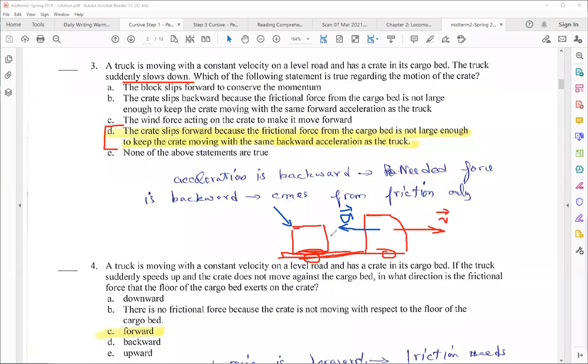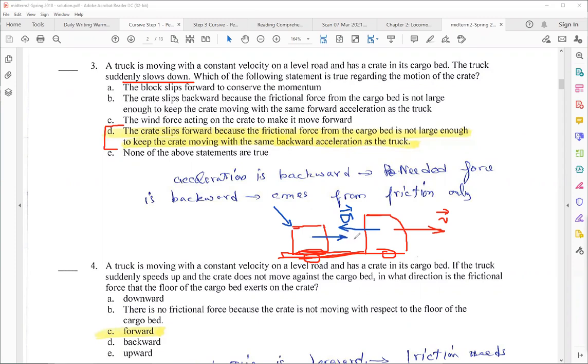Yes, Ranim, that's inertia. Just imagine yourself standing up here and feel what happens if the truck slows down. Of course, your body will want to move forward. So the body or the crate will want to move forward like this.